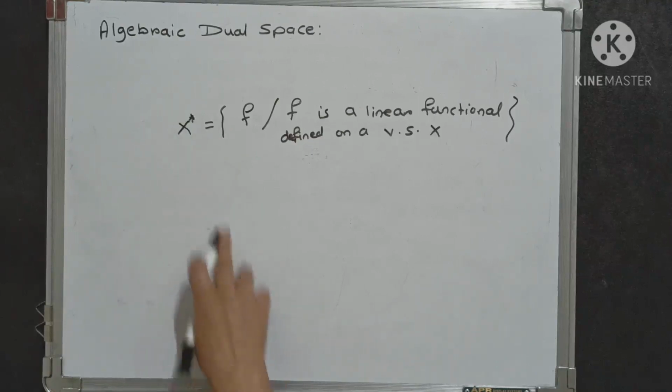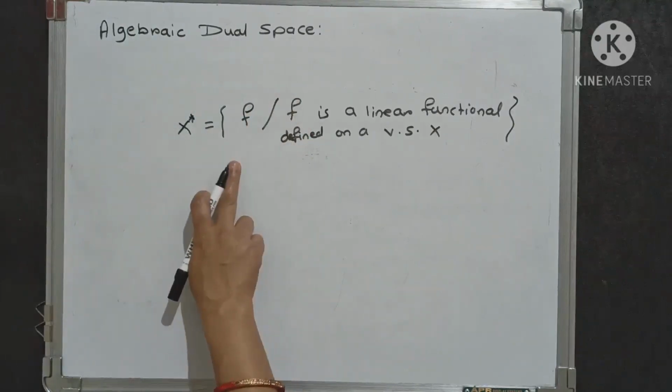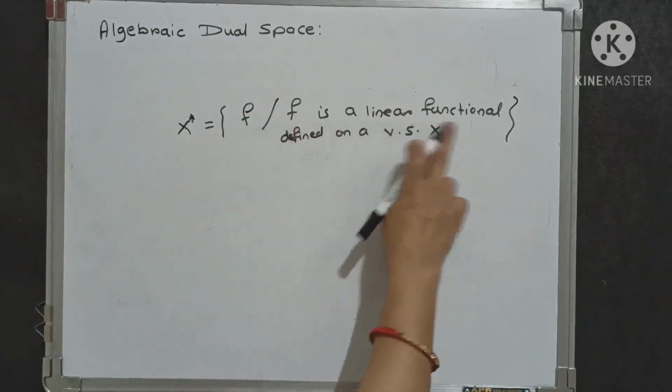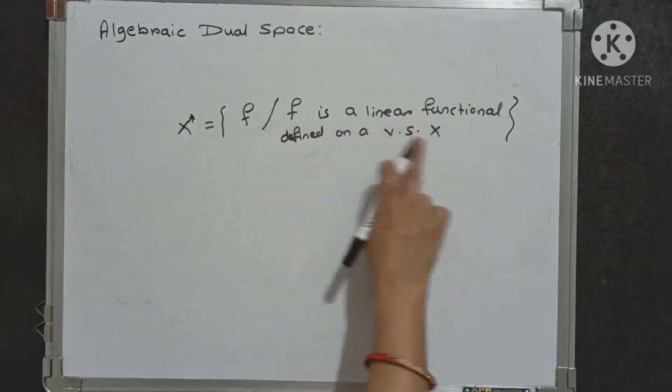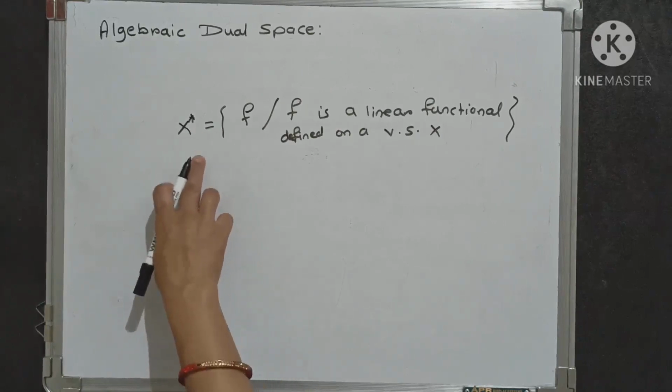This space is called the algebraic dual space and it is denoted by X star.